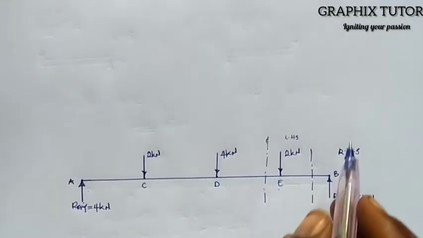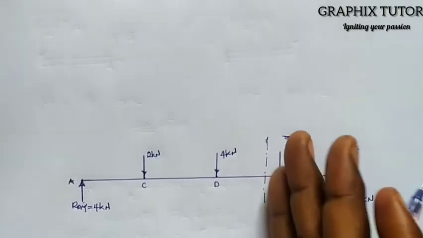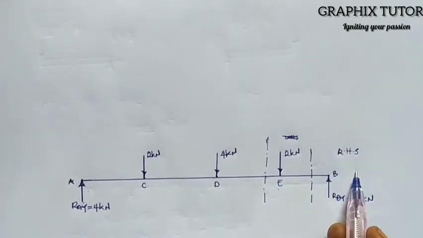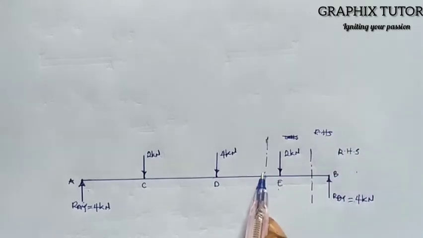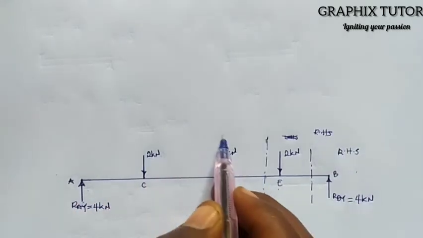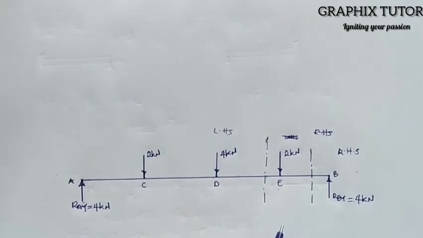Since we've sectioned here now, everything from this point to this point here is our right hand side, while from this section downwards here is our left hand side, right? So we have the last force is -4, but the new introduced force is what? 2, and 2 is facing down at the right hand side.